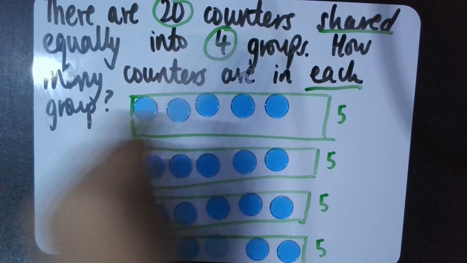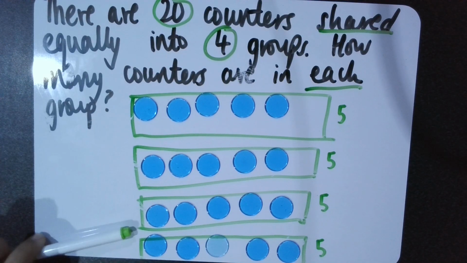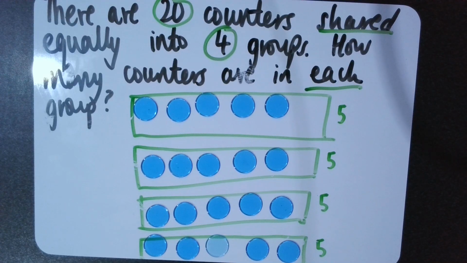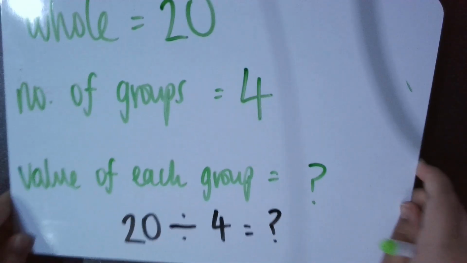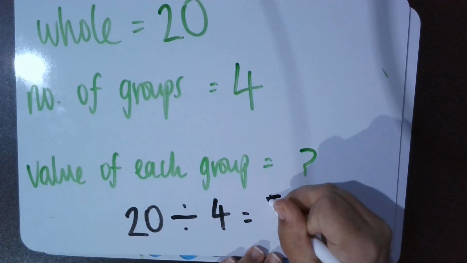So, 20 counters altogether, shared equally into 4 groups, gives us 5 in each group. Therefore, 20 divided by 4 equals 5.